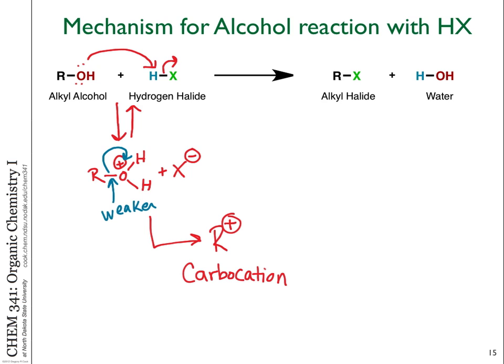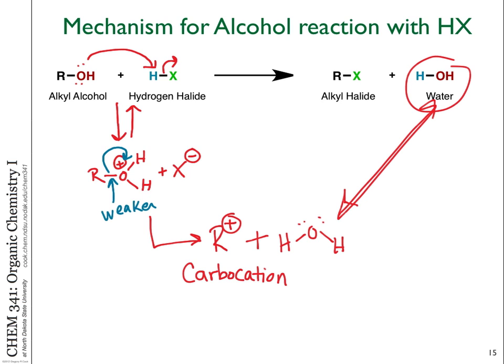And the other thing we formed here is water, because water came off as a neutral species by taking those electrons from the bond. Okay, look, there's one product in the reaction. So we can see how the water was formed in the process.